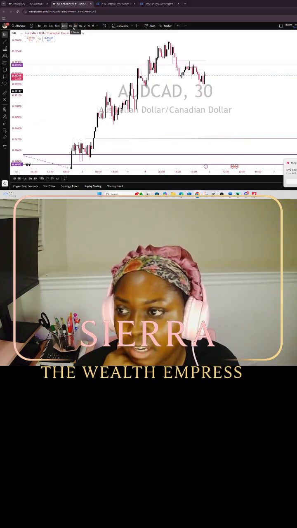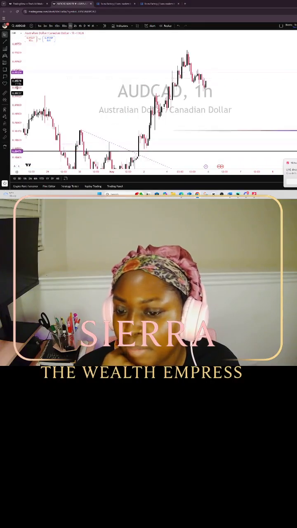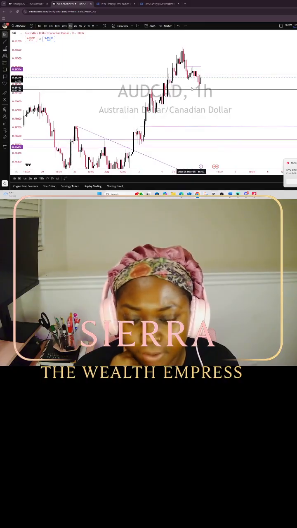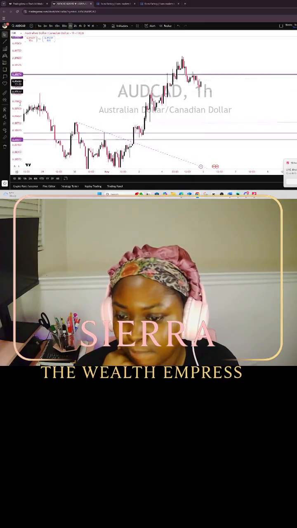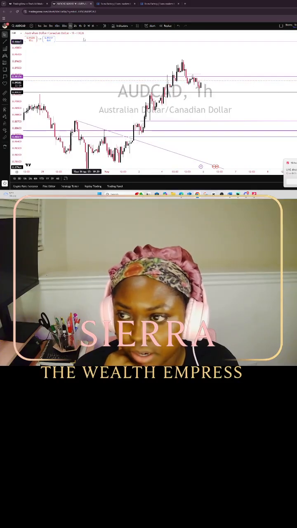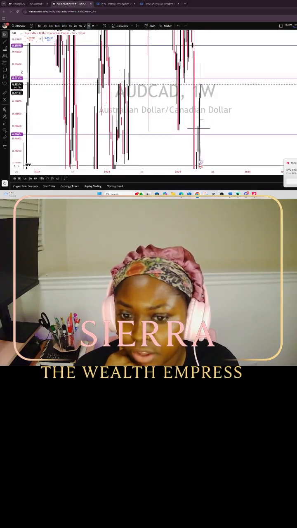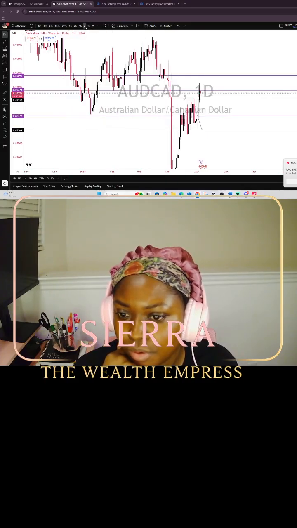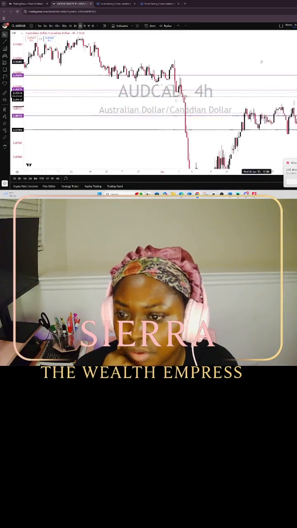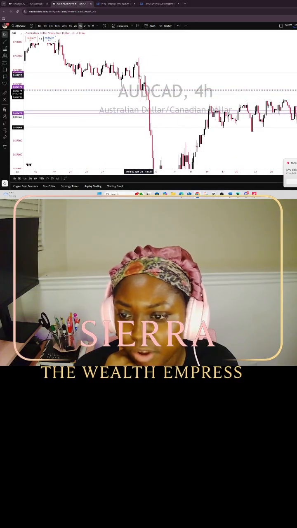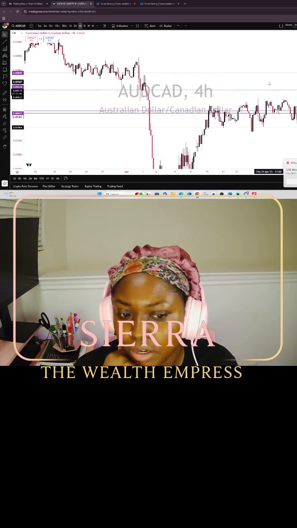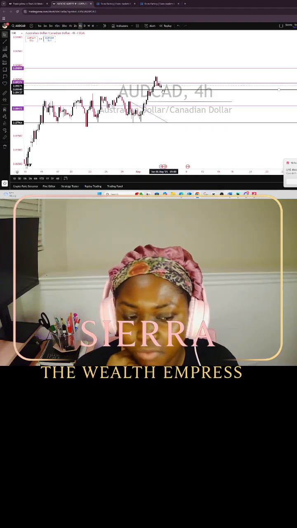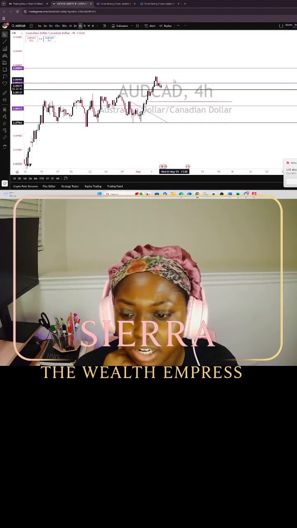On CAD, I am being cautious right here at our weekly high, because I have this gap here, and then we have another fair value gap up here on the 4-hour. So price could decide that it just wants to bounce off of this weekly to take it higher.